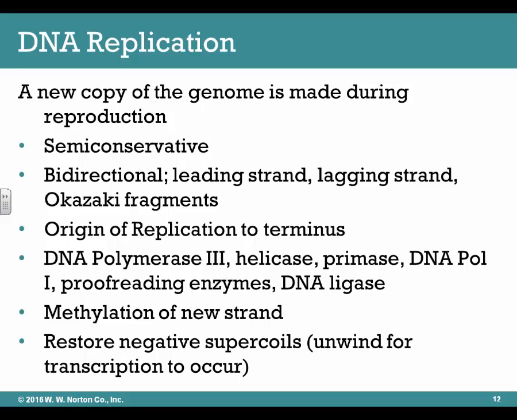Before I go on to talk about these changes due to mutations, I just wanted to review what DNA replication is like, especially in bacteria. The process of DNA replication occurs in bacteria during binary fission when the bacteria are dividing.